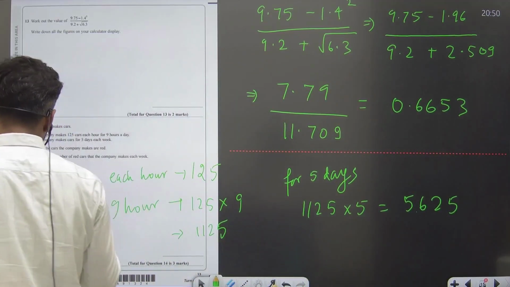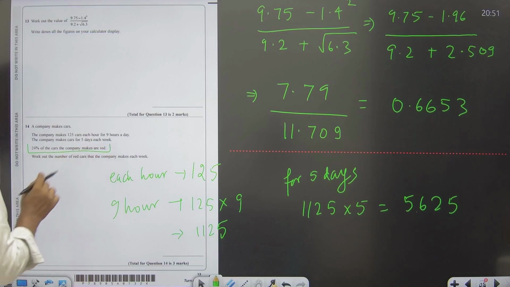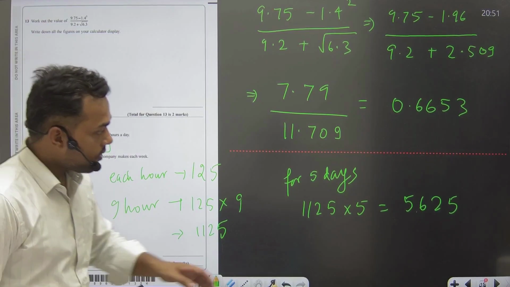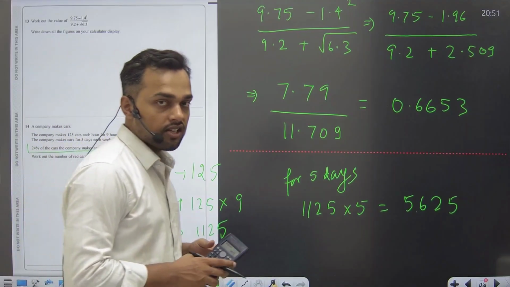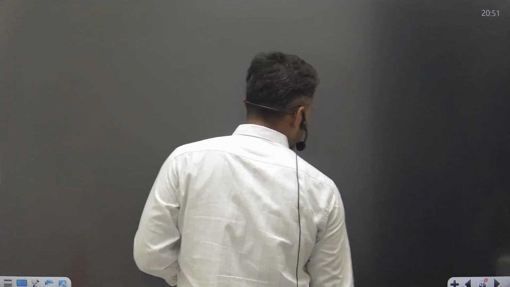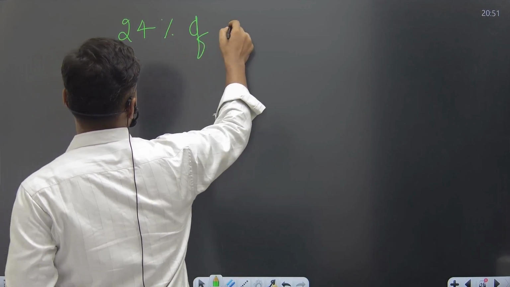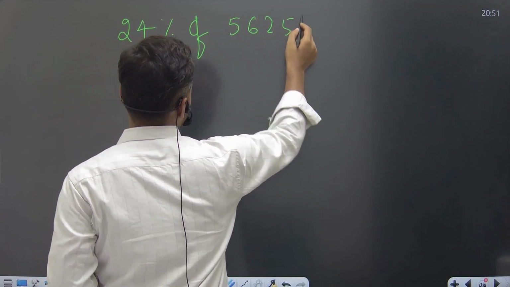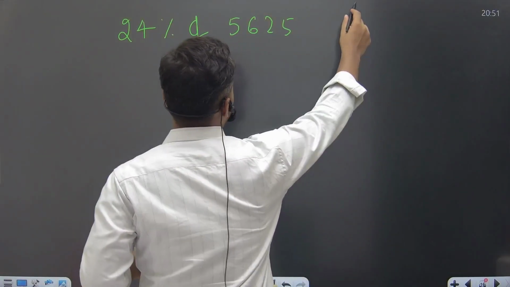Now come to the next part of this question: 24% of the cars the company makes are red. So out of this number which we have got here, 24% of the 5625 cars are red in color.